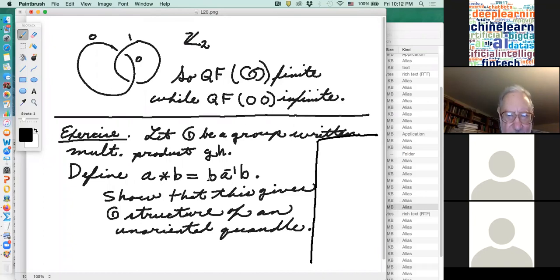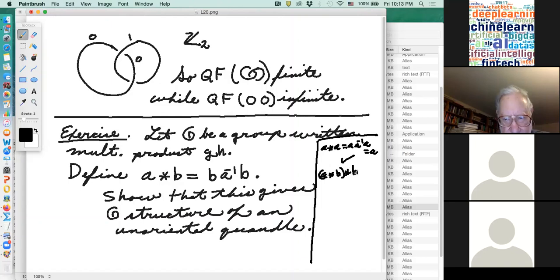So A times A inverse is the identity, and you get A. So A times A is equal to A inverse A, which is equal to A. Works fine.